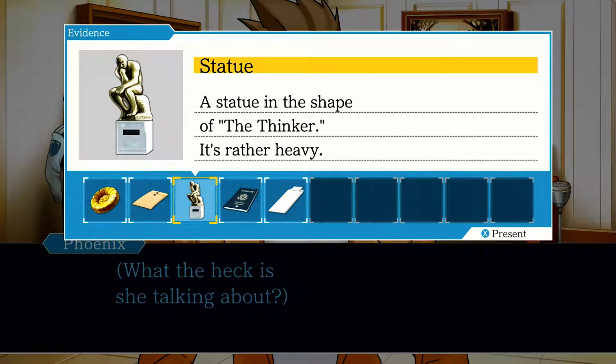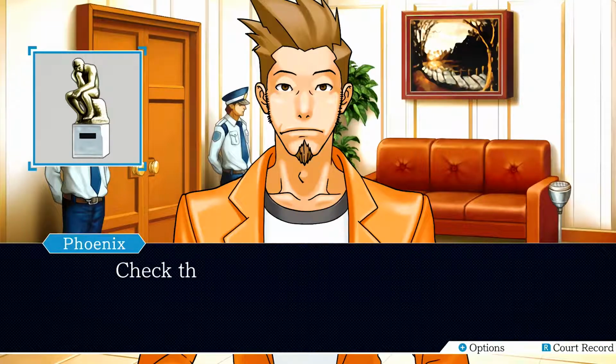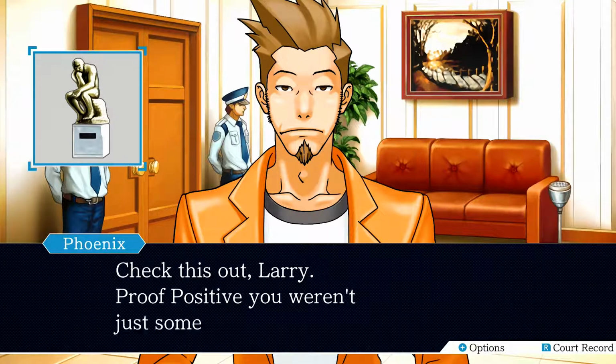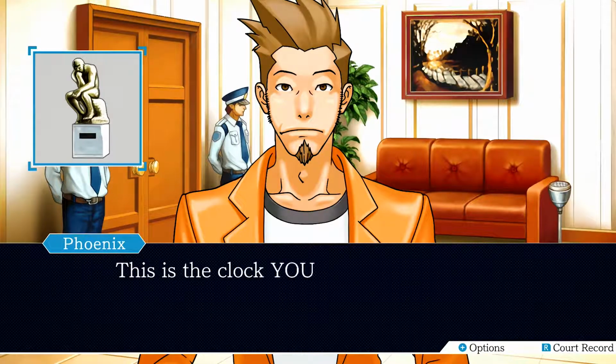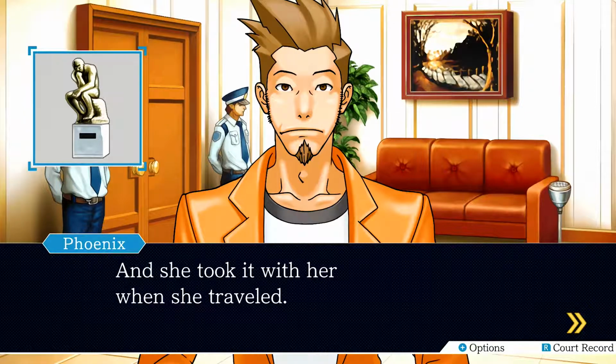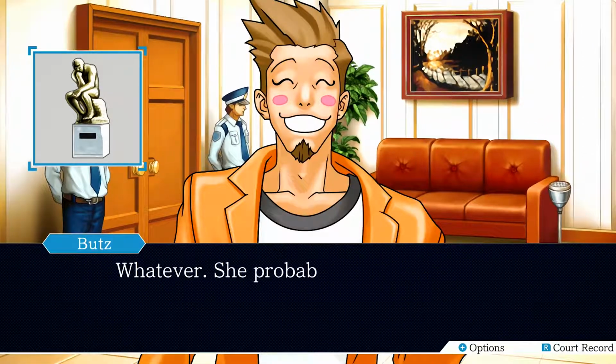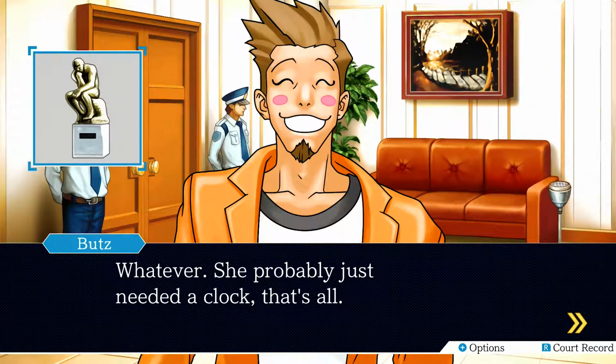I guess. This object that she was killed with. This proves that she likes you. Take that! Check this out, Larry. Proof positive you weren't just some chump to her. Oh, what about the clock? This is the clock that you made for her, Larry, and she took it with her when she traveled. Whatever, she probably just named a clock, that's all.